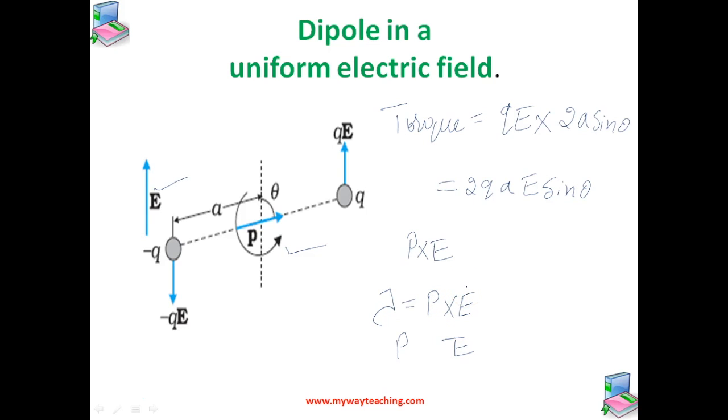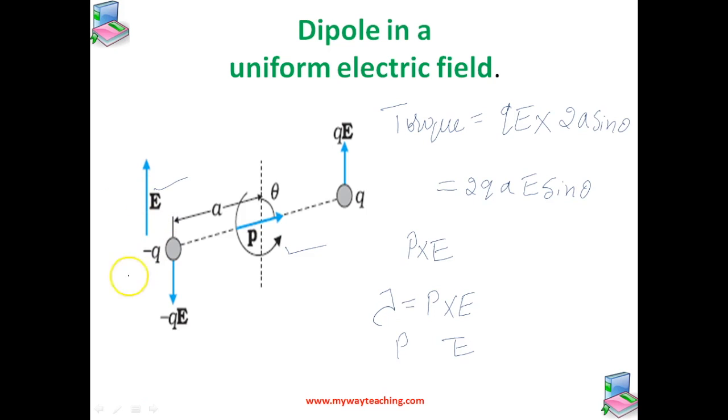If the field is not uniform, then the net force will evidently not be 0, right? Again, in addition to that, there will be torque on the system as before, and the general case is involved.